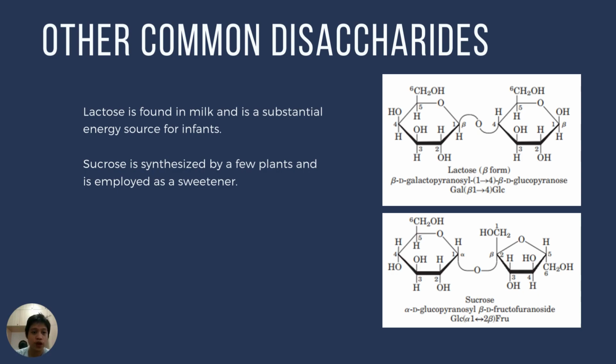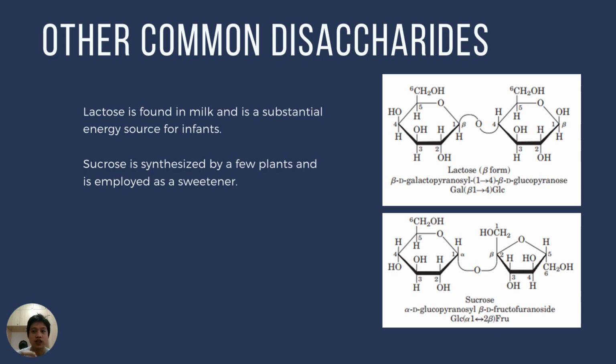So, let's now discuss other common disaccharides. Lactose is found in milk and is a substantial energy source for infants. And that is special kasi yung infants, yung genes nila are active in expressing and synthesizing lactase, which is the enzyme that is found in the small intestines to digest lactose.